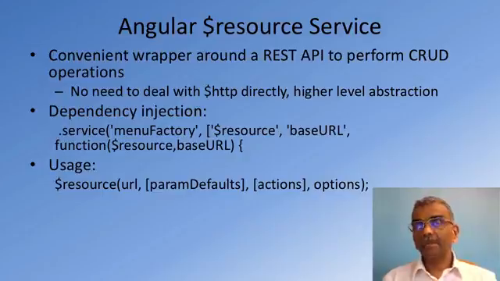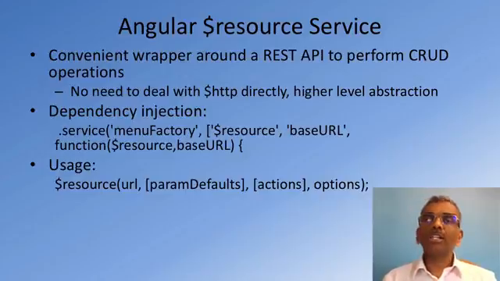In my example, I am going to use the resource service inside the services that I implemented, the menu factory and the other services in the services.js file. So as shown in that example, I'm injecting the resource service into the menu factory service, and that way we have access to the resource service.